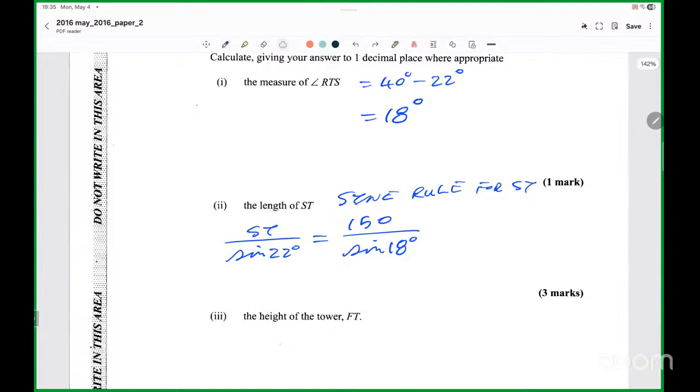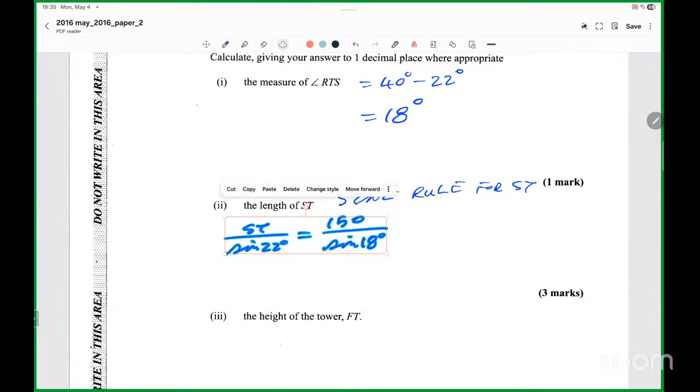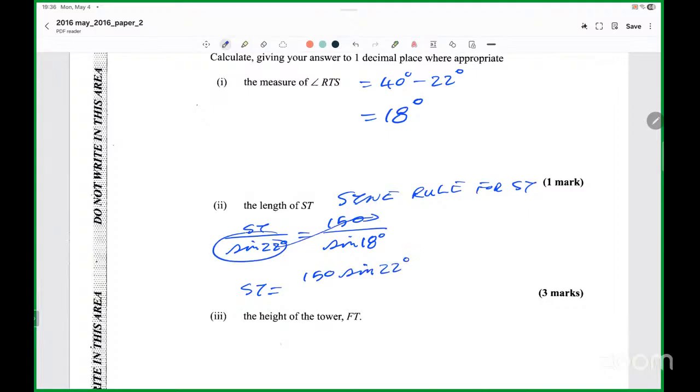Make this a little smaller. Space is kind of small to work in. So therefore, ST becomes equal to 150 times the sine of 22 degrees, divided by the sine of 18 degrees.